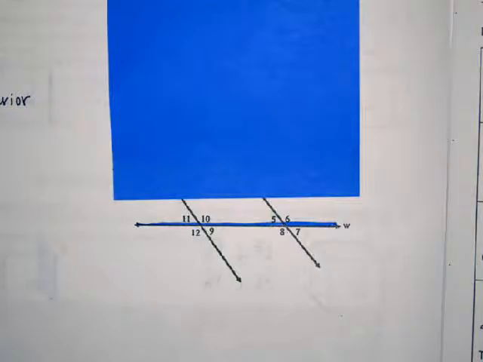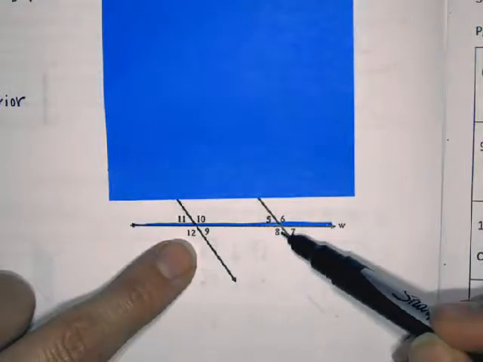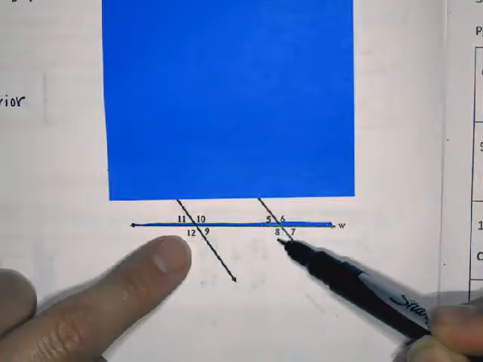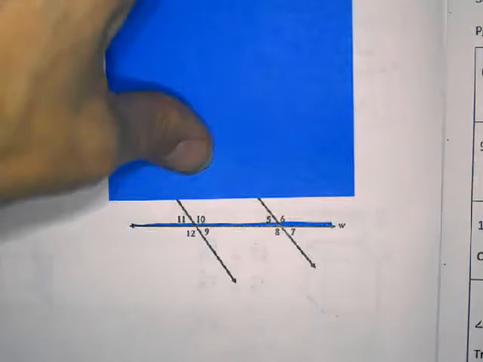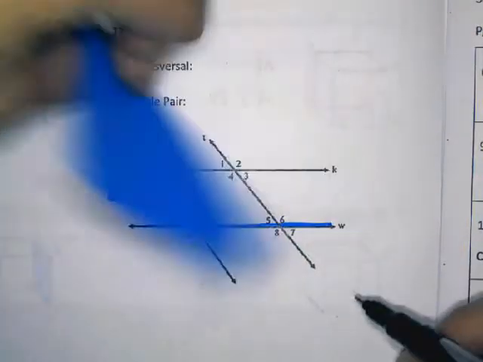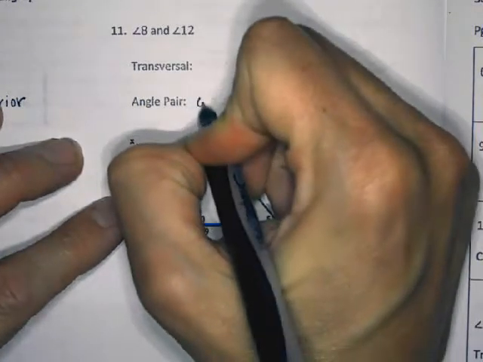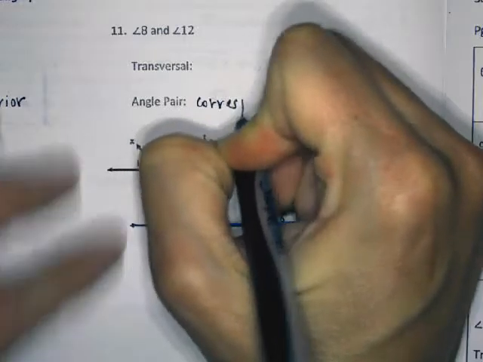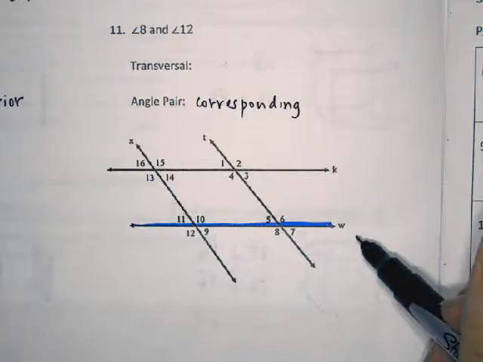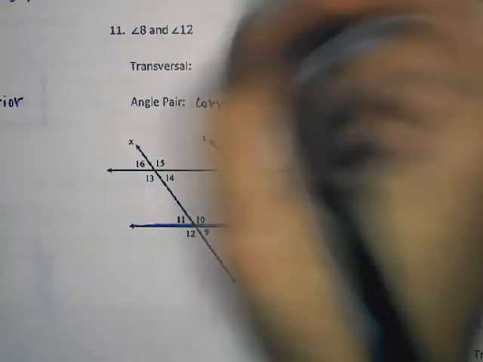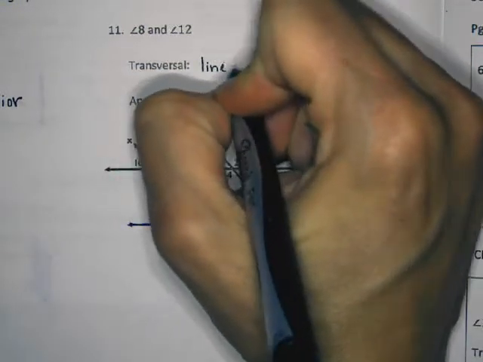And then I have that intersecting the 2 lines. So 8 and 12 are both below the transversal and both to the left of the lines. So they're in the same location. So those would be examples of our corresponding angles. Again, our transversal that we highlighted in blue here is line W.